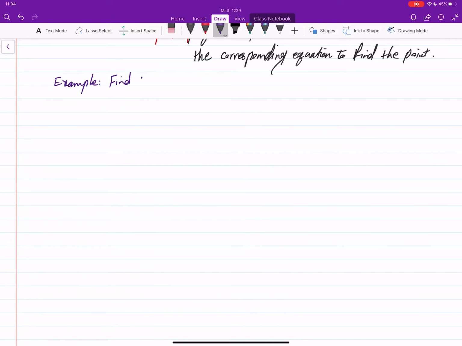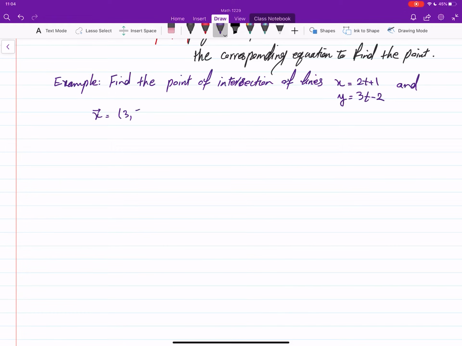Find the point of intersection of the lines x equals 2t plus 1, y equals 3t minus 2, and the other line is x equals 3, y equals 5, plus t times (negative 2, 2).